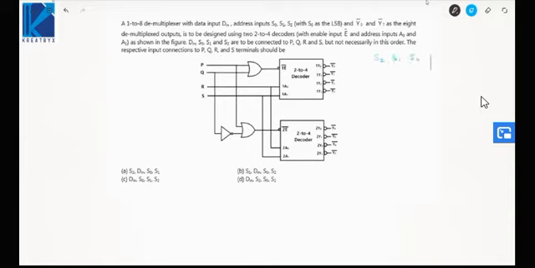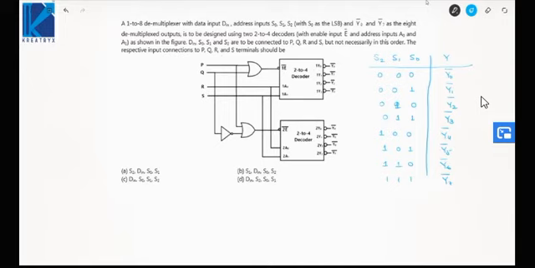S2, S1, S0. Based on that, we must have Y. For 0, 0, 0, we must select Y0 bar, 0, 0, 1, Y1 bar, 0, 1, 0, Y2 bar, 0, 1, 1, Y3 bar, 1, 0, 0, Y4 bar, 1, 0, 1, Y5 bar, 1, 1, 0, Y6 bar, 1, 1, 1, Y7 bar.